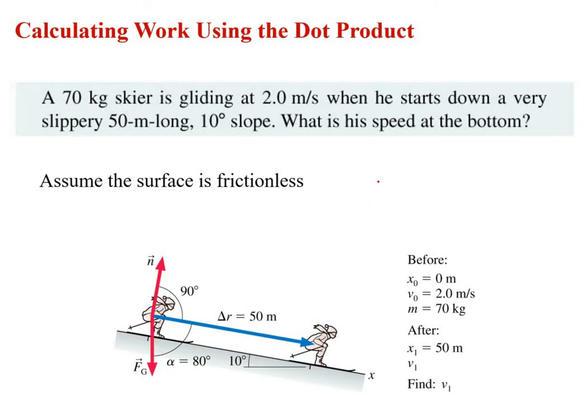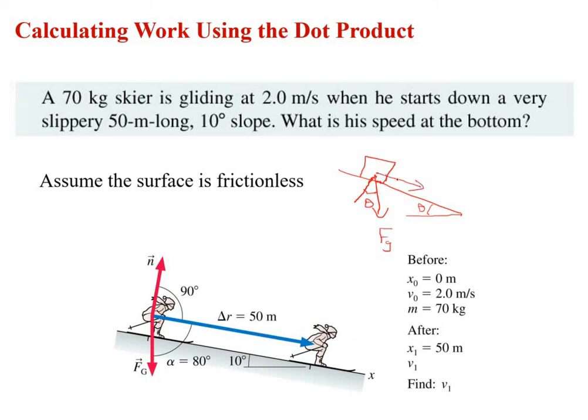Let's look at this. This is the skier, and gravity is down over here. Since we talked about this in the previous chapter, this angle is going to be the same as that, so this is also going to be theta, which means they are both 10 degrees. Now this is your force of gravity, and this is your displacement.